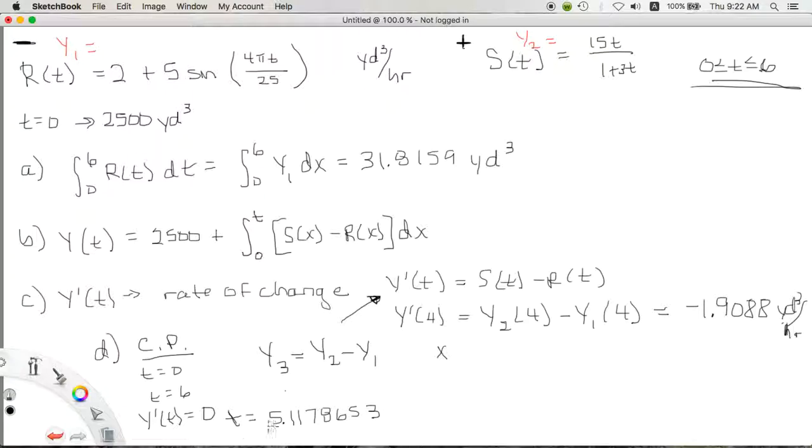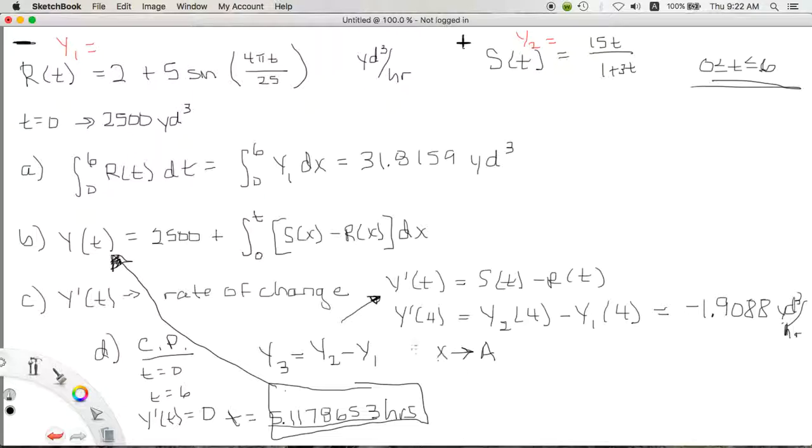If you go back to your home screen, you can just type x and then hit enter, and you'll get this value. And then store that as something. A is what I used. I just used the alpha key, and that way you have all the decimals, because it's much better if you can deal with all the decimals. So this is the time that we're looking for, but if we want to know what the actual amount is, we need to take this time and plug it into this function here.